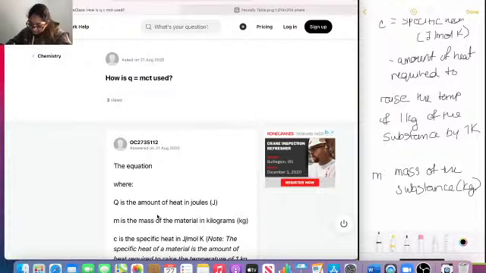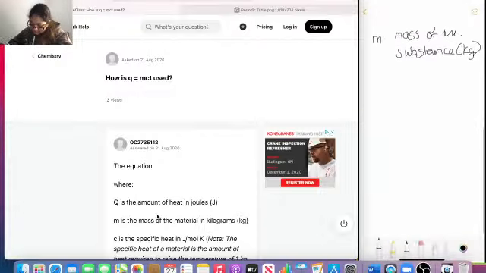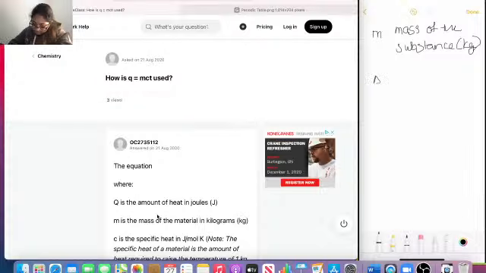Okay, and then lastly we have temperature, so delta T basically. So this is the change in temperature. So you basically have T2 minus T1, okay, in kelvins.